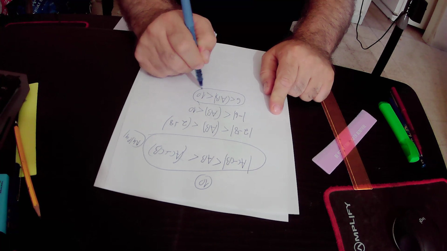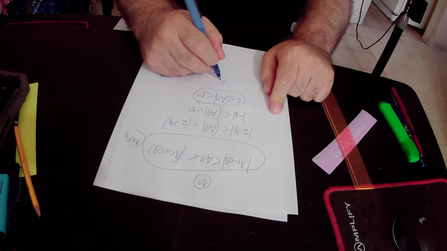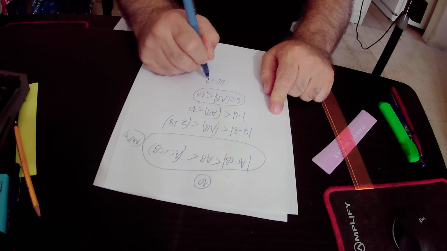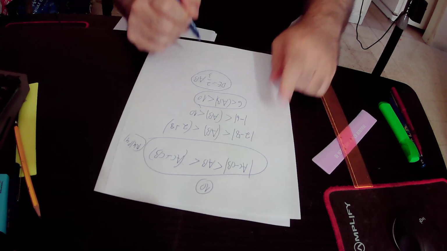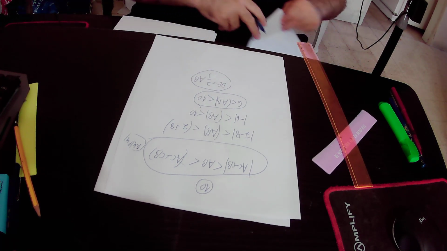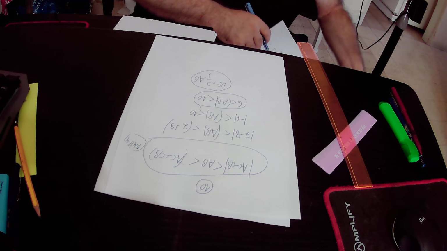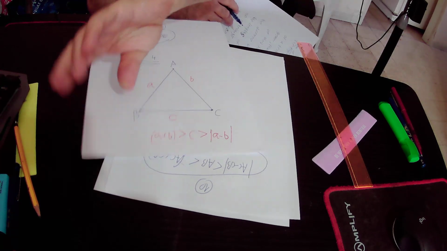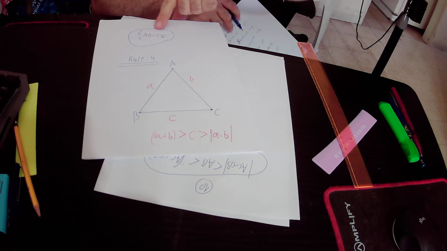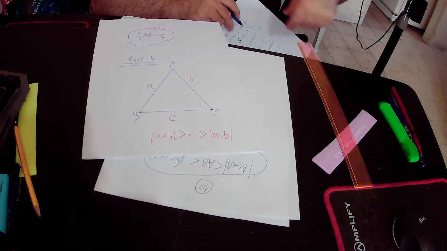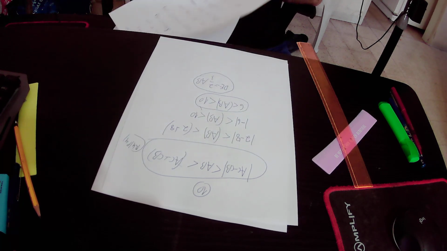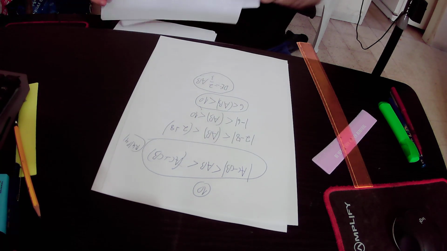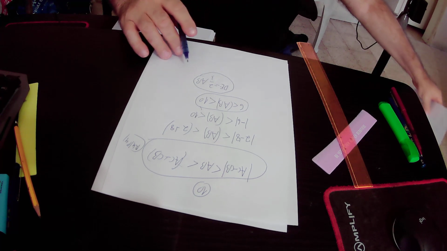But we have already found out that DE equals 2/3 AB. Okay? We found out that DE equals 2/3 AB.